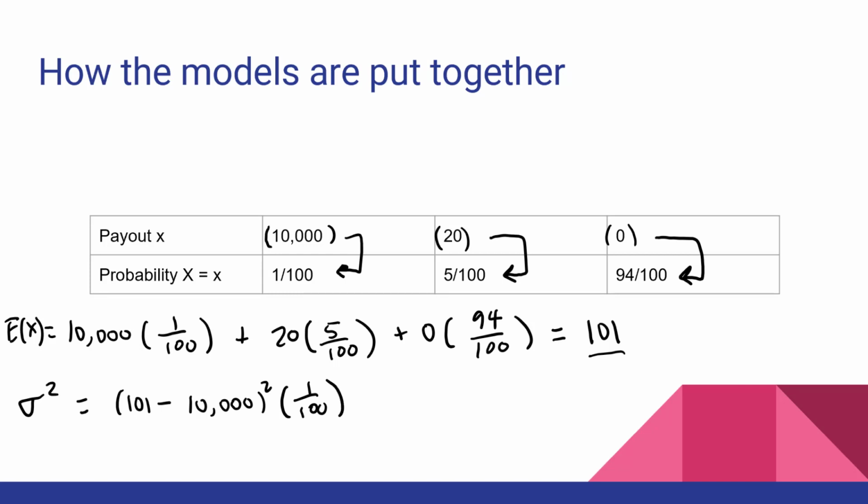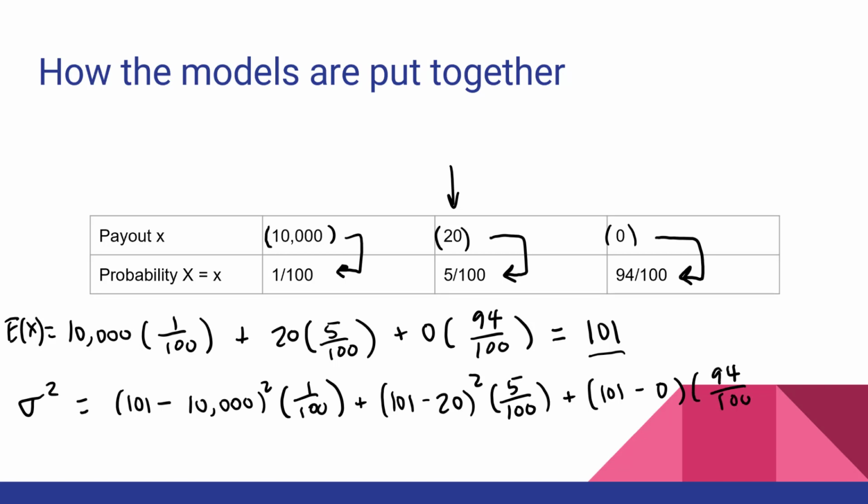For our next term, we do the same thing, but now with the values corresponding to this column. So we add again our mean value, 101, minus the payout, 20, squared times the probability of 20 occurring, 5 over 100, and then our last one, 101 minus 0, squared, times the probability of that occurring, 94 over 100.